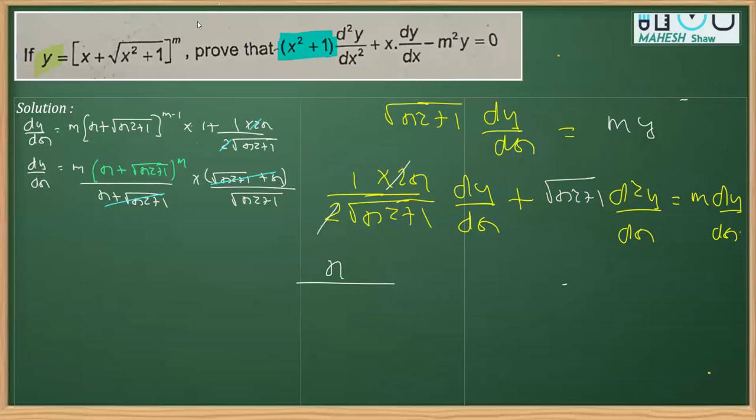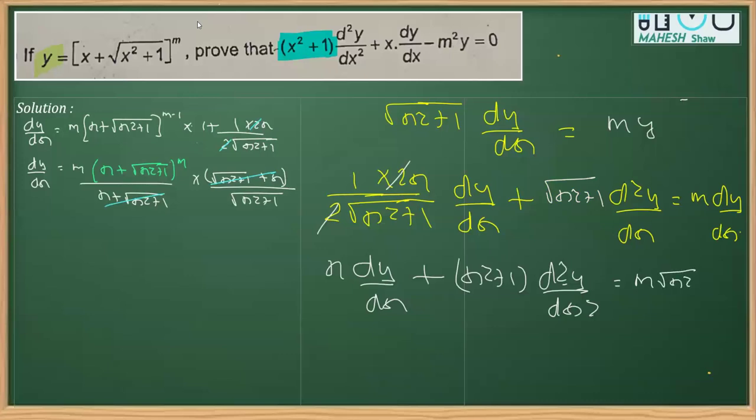So we'll have x times dy by dx, and plus, multiplying this with the same thing, root x into root x is x. So it's going to be x square plus 1 times d square y by dx square. And this is m times root x square plus 1 dy by dx. So this is what m is coming on the other side.